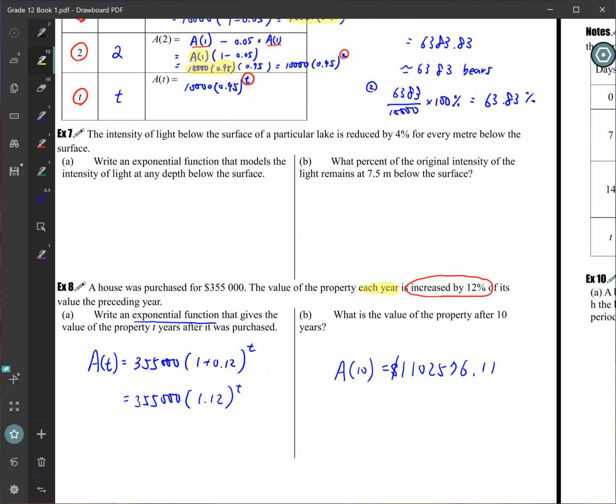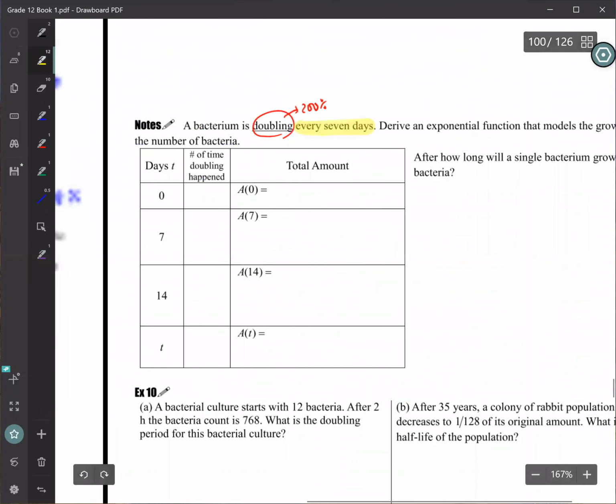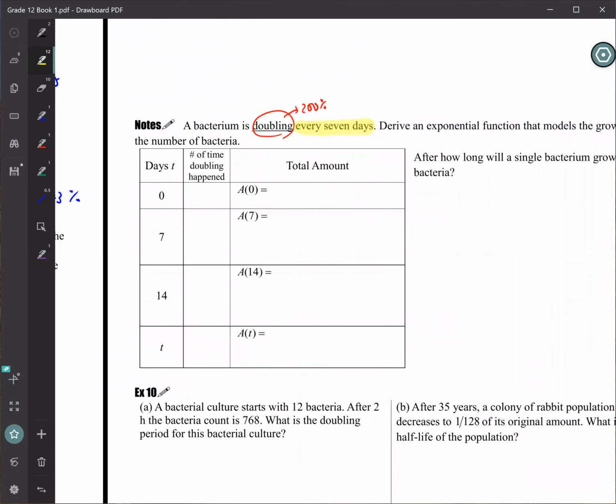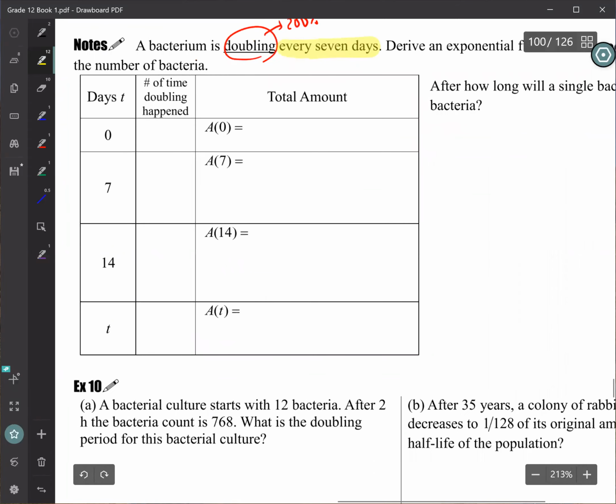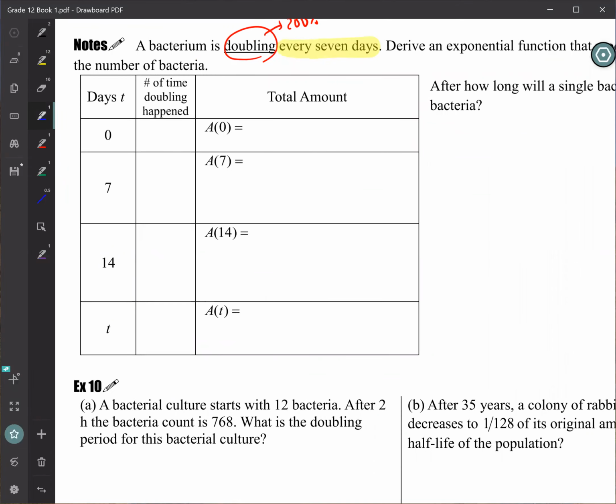So there's no special kind of period. But this one is saying every 7 days. It's not every year, so the way we find this will be different. And the unit's different as well. Instead of years, we have days.